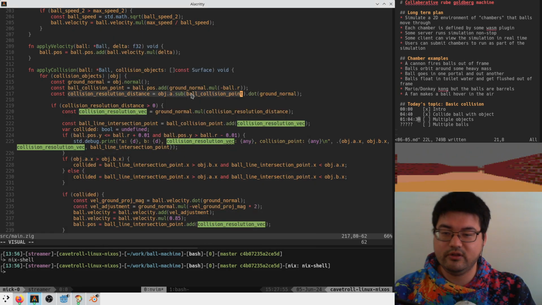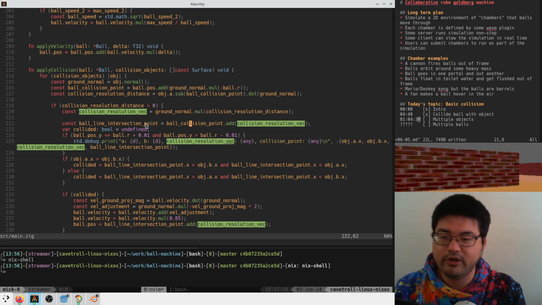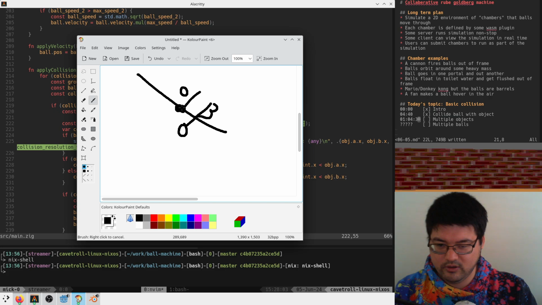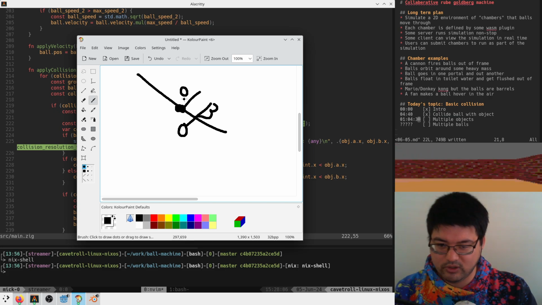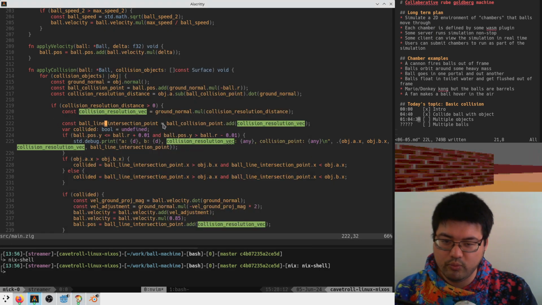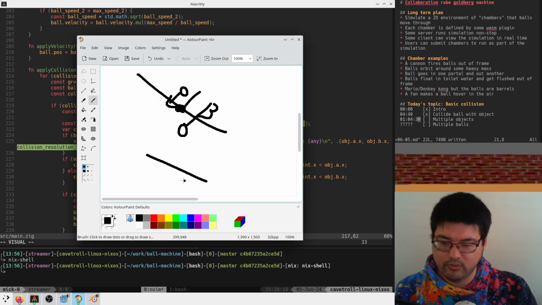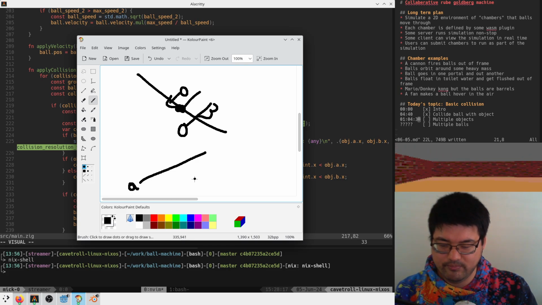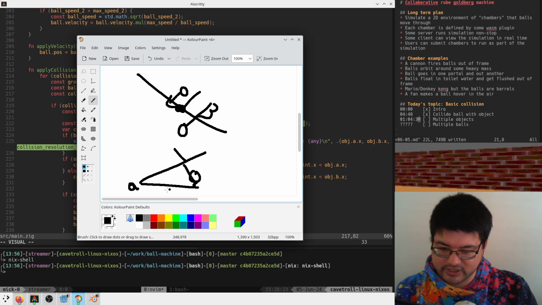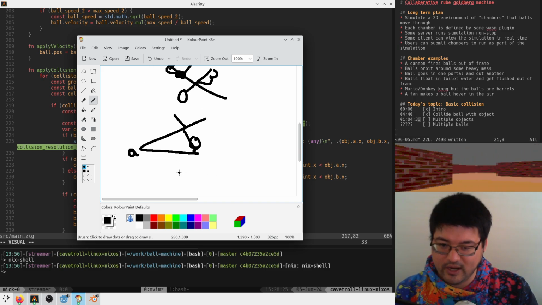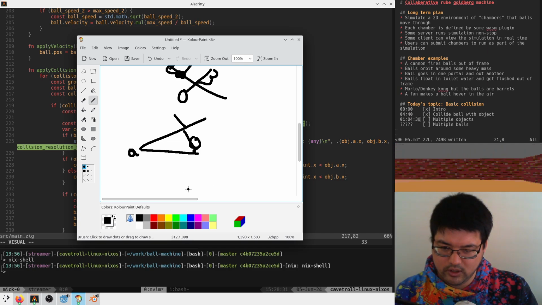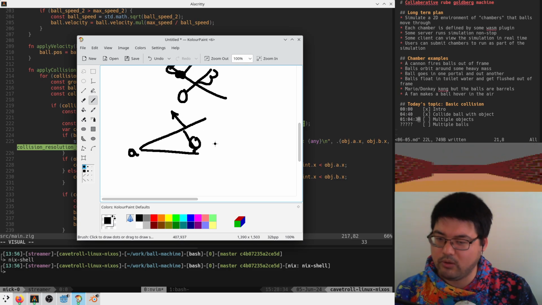So this is the collision resolution distance. We check the ball intersection point. All we need to do here is find this instead, which is something to do with the ball's initial velocity. How are we doing this before? We dot product when we had a ball normal. We did this projection. And now, instead of normal, we just want ball velocity.